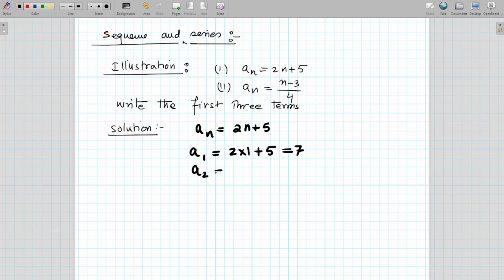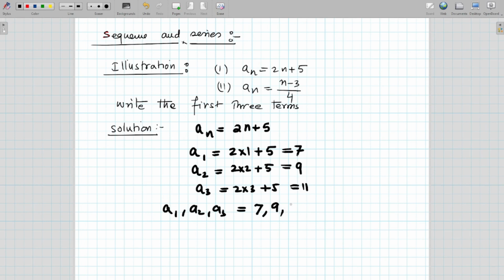Similarly a2, 2 into 2 plus 5, 9. a3 is 2 into 3 plus 5, which is 11. So first three terms a1, a2, a3, you can write 7, 9, 11. Is this making sense? Okay.